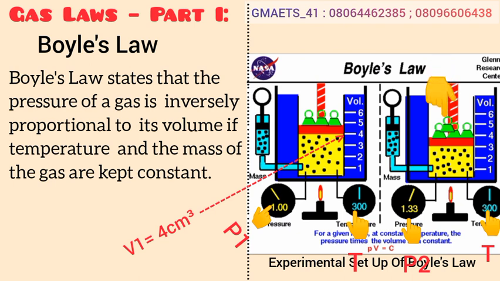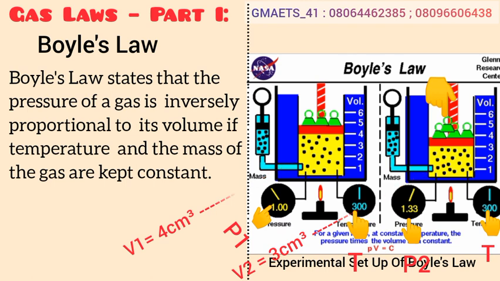And then you notice that the volume of the gas reduced to 3 cubic centimeter. So this is just the meaning of Boyle's Law. But don't forget, as explained, for pressure to be inversely proportional to volume, the temperature and the mass of the gas are expected to be constant.